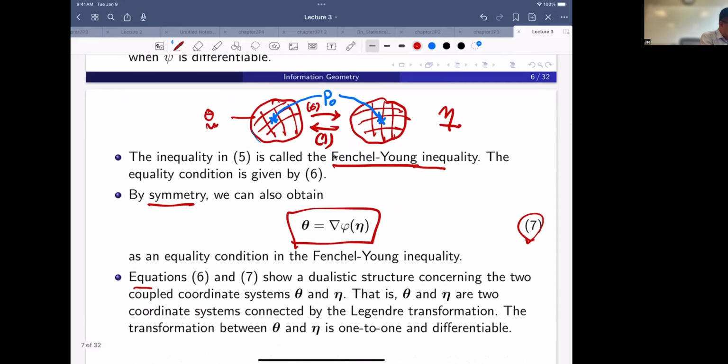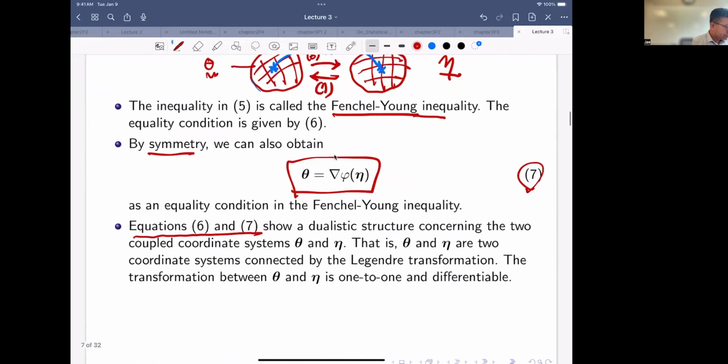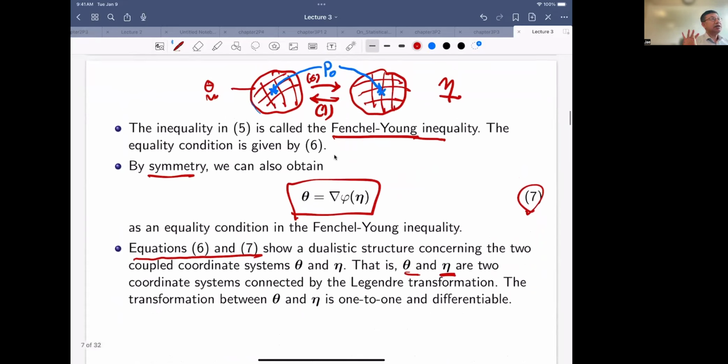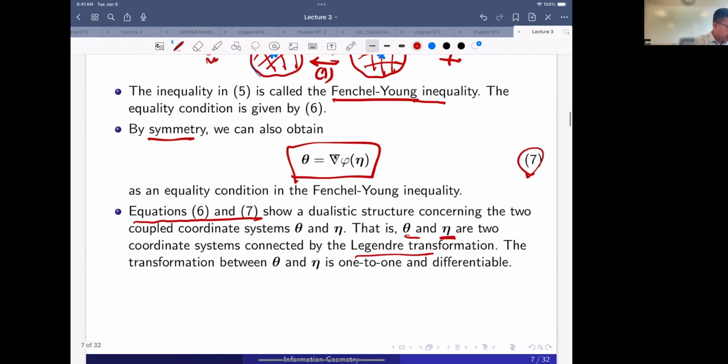So equations 6 and 7 show a dualistic structure concerning the two coupled coordinate systems, theta and eta. These two are actually representing the same function in a different way. The connection is called the Legendre transformation.